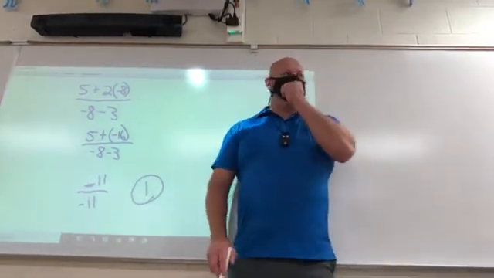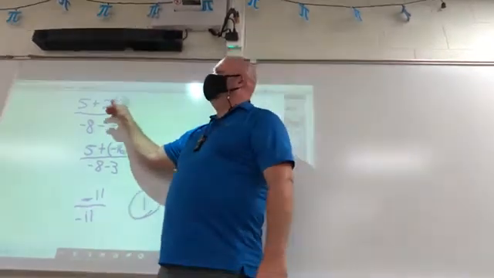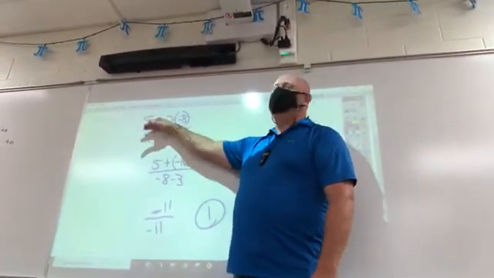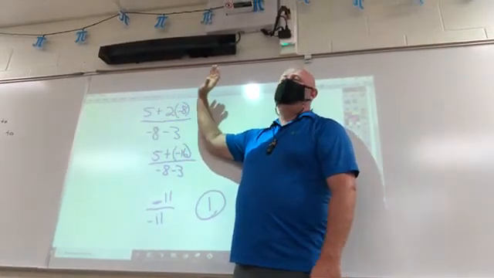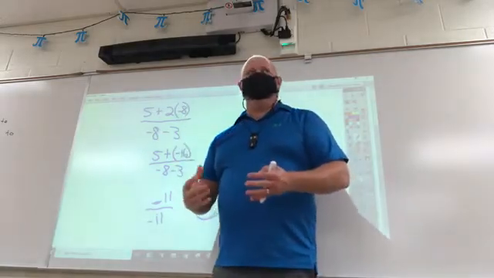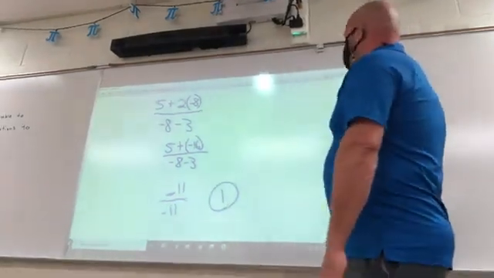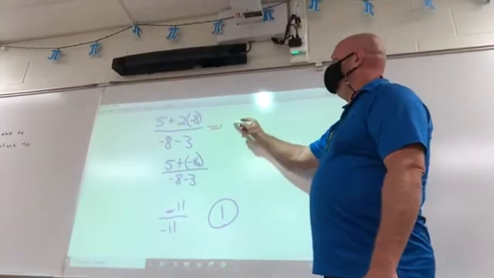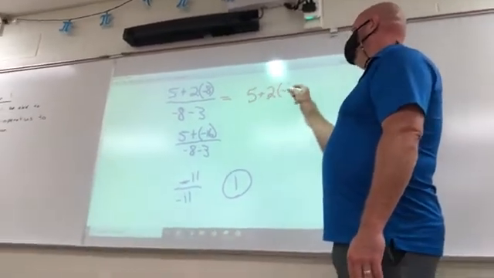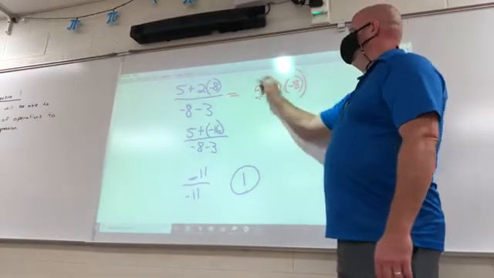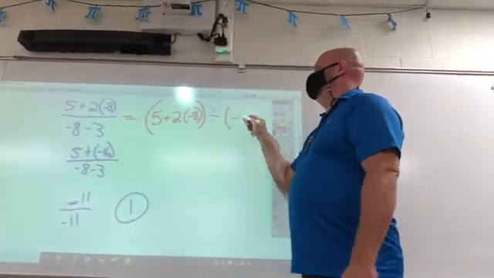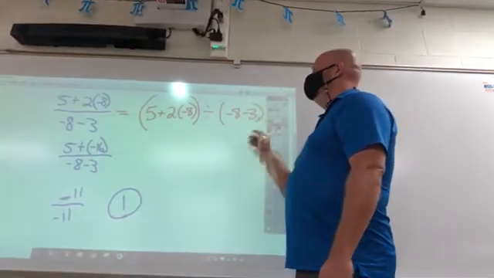Now, some people would look at this problem and ask, why did I do all the addition and subtraction before I did the division? Could I rewrite this problem with parentheses? This problem is actually the same thing as 5 plus 2 times negative 8, this whole thing, divided by negative 8 minus 3.